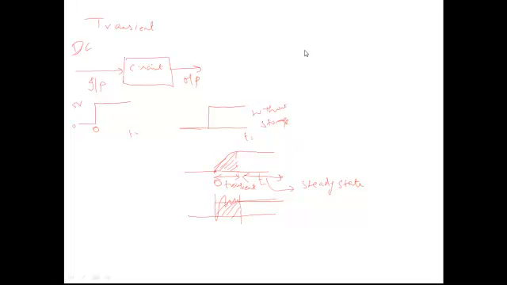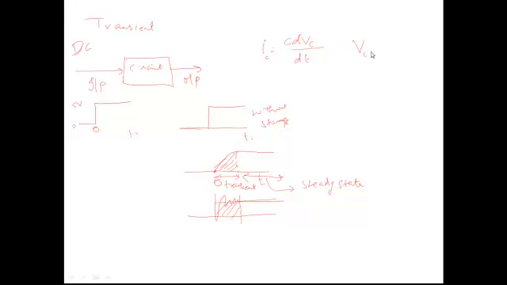This is because the current equation for the capacitance is given by IC equals C into dVc by dt, where Vc is the voltage across the capacitance. Differentiating that and multiplying by the capacitance value gives you the current. Therefore, you cannot expect the voltage across the capacitance to change instantaneously.